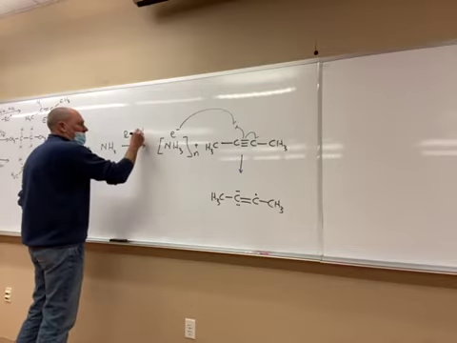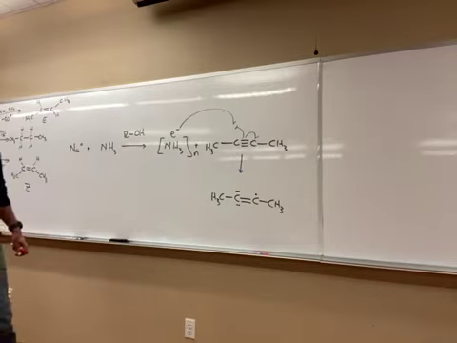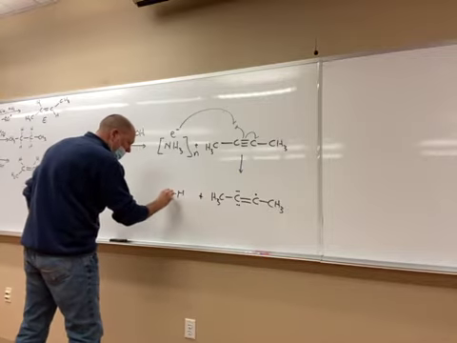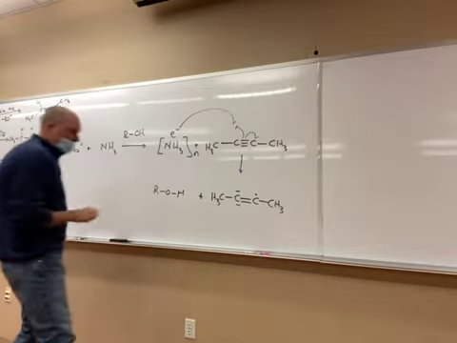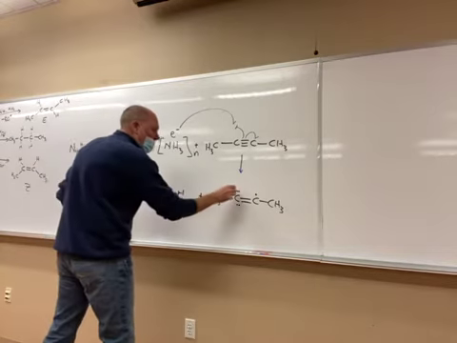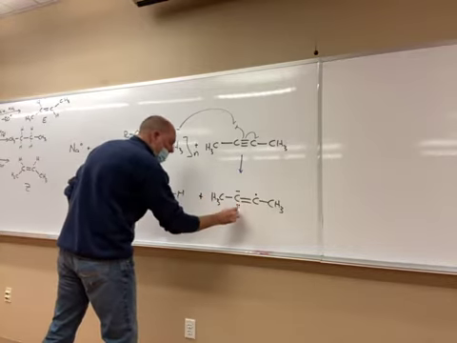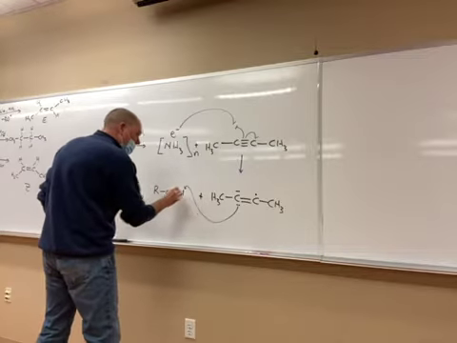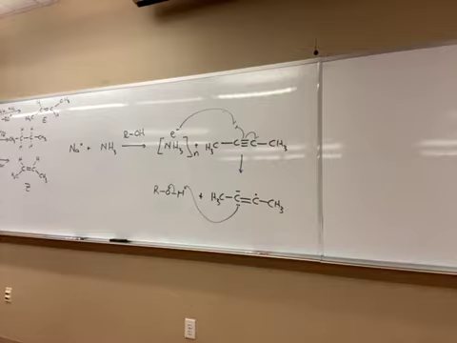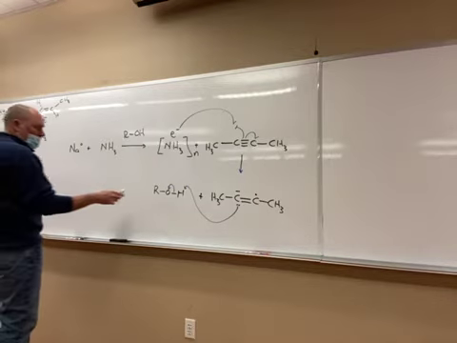So you can see that if it's done in alcohol, then over here, this pair of electrons grabs that proton and makes the anion, okay? So it goes to this.